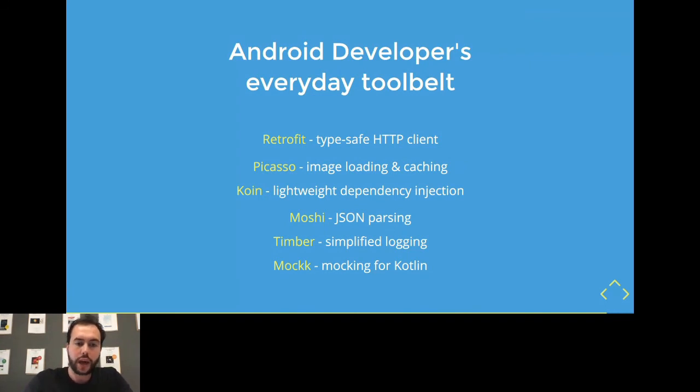Lastly, we have Timber, which is a highly recommended logging framework. Just by writing timber.d or debug, you get a log message which has all the information that you would need in there. And then for testing, there's MockK, which is a mocking library for Kotlin, which allows us to also mock stuff like companion objects or extension functions, which is really nice for Kotlin-based unit testing.